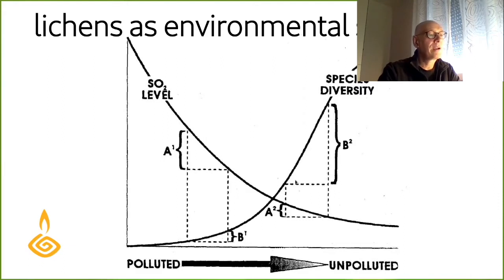But when you are in the very low part, a very small reduction of sulfur dioxide in the air causes a huge increase of species diversity. So the curve enters exponential growth, and a small decrease of the sulfur dioxide in the air can cause a huge increase of lichen species.